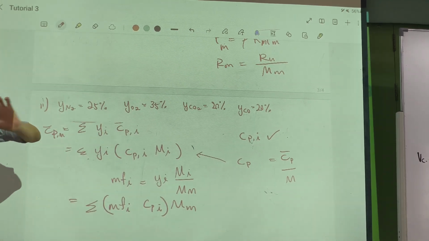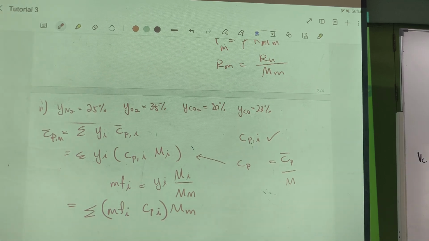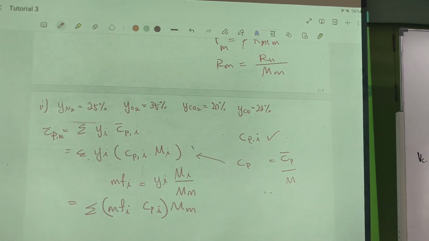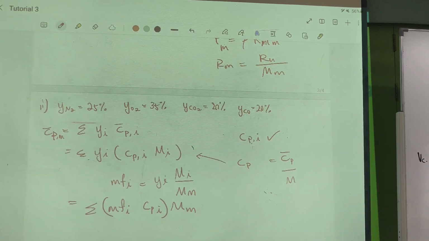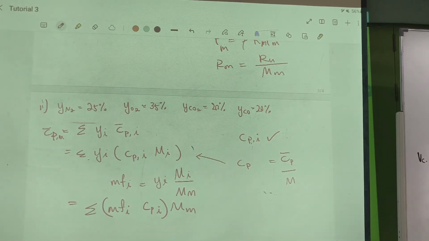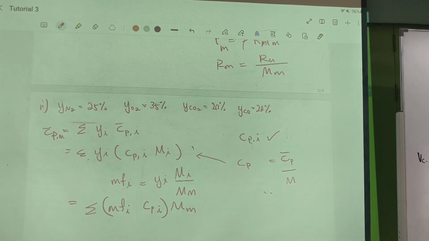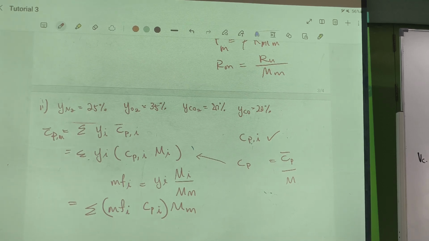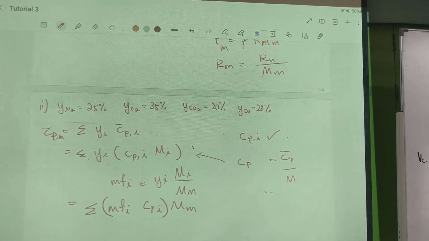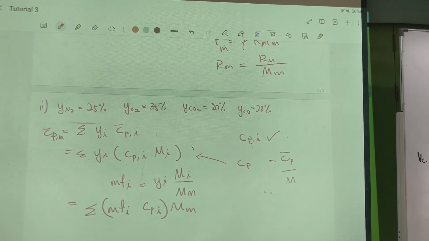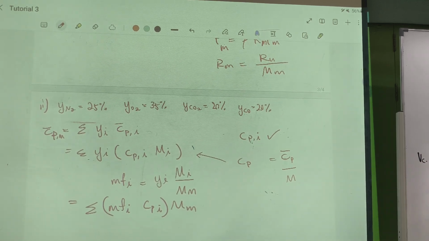Then you multiply by the mole fraction also. Or you totally have no idea.